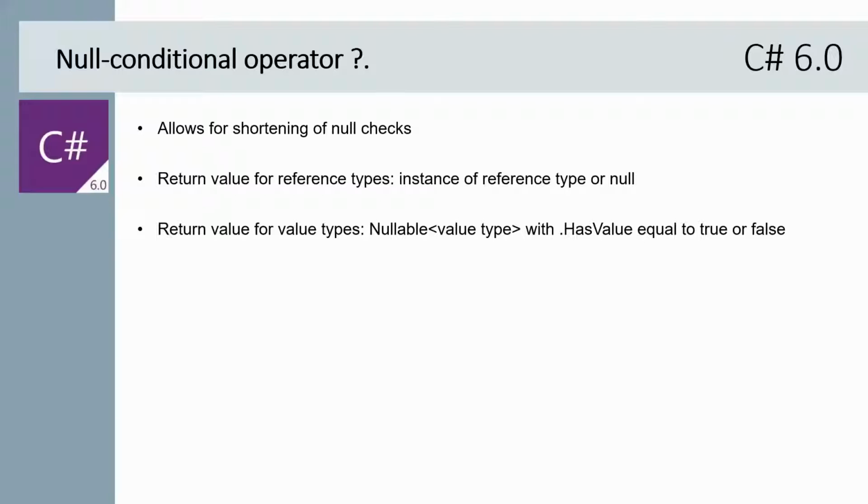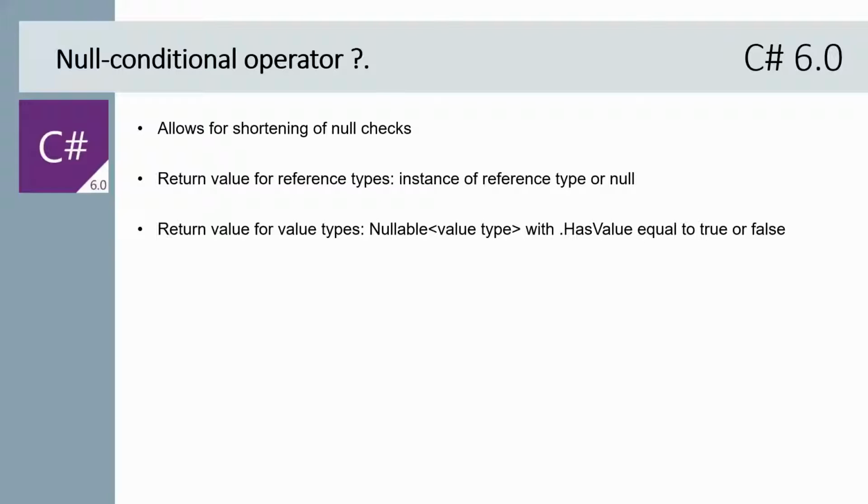If you expect a return value from such a function, and the function was supposed to return a reference type, a class of some kind, then it's an actual instance of that, or it's null. If one member of the chain of the null-conditional operators is null, the result will be null.